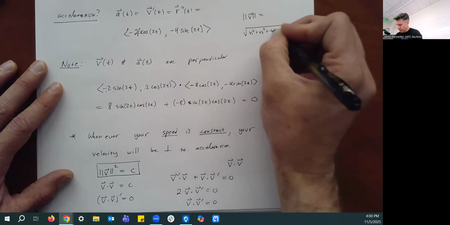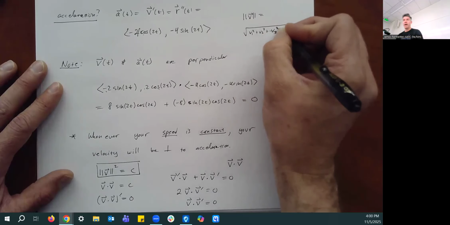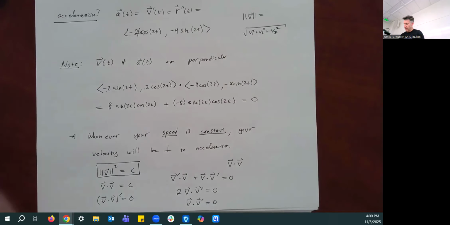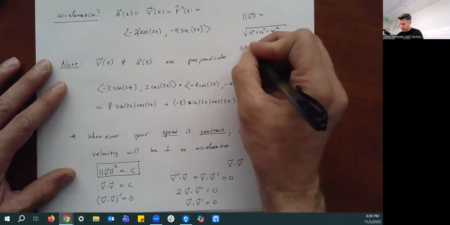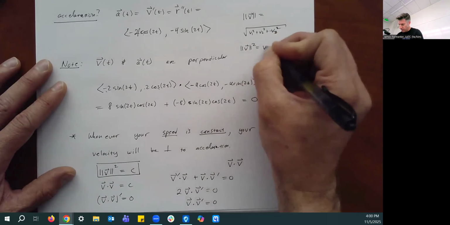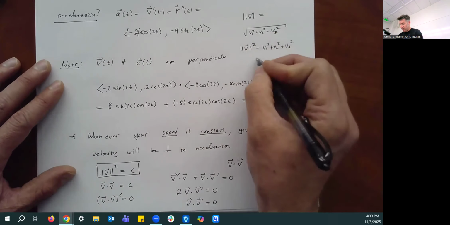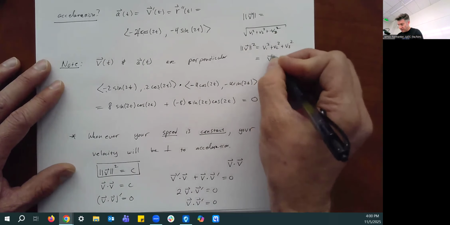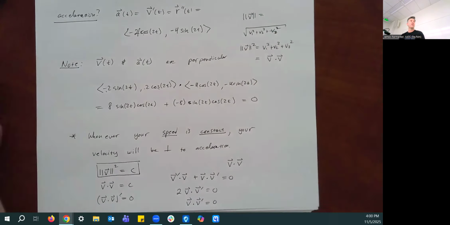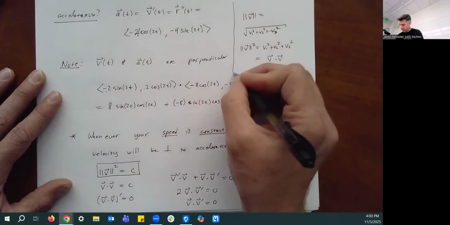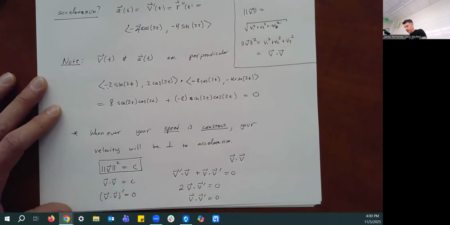I guess there's 3 components. And if you square both sides, you get the magnitude of v squared equal to v1 squared plus v2 squared plus v3 squared. But that's exactly just v dotted with itself.